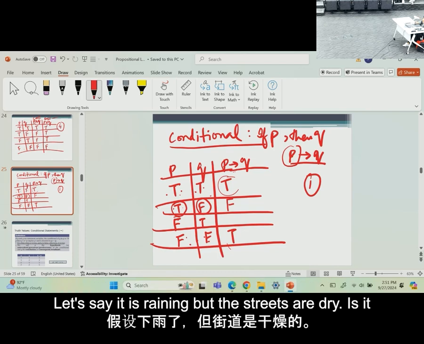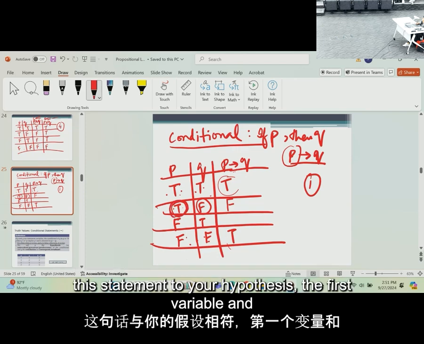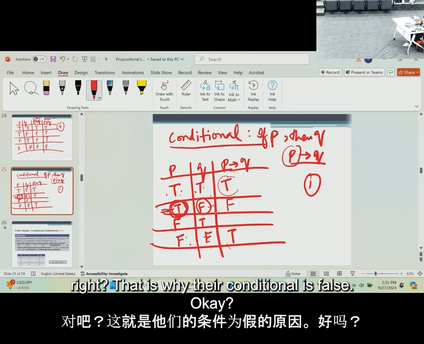Let's say it is raining, but the streets are dry. Is it possible? No, right? So if you assign that it is raining to your hypothesis, the first variable, and the streets are dry to the conclusion, it doesn't make sense, right? That is why their conditional is false, okay?